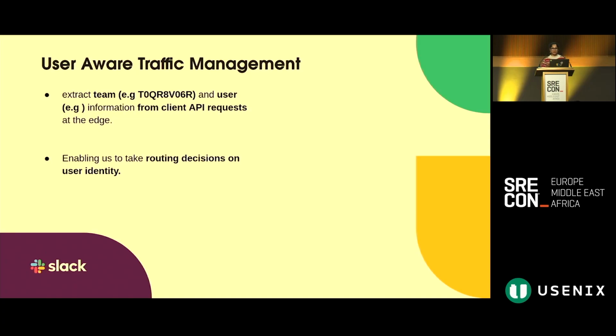The information that it sends back to the load balancers is used to make routing decisions based on user identity. This could be either user ID or team ID. There are other things that we send, but for the purposes of this talk, I'm just going to focus on team ID and user ID.